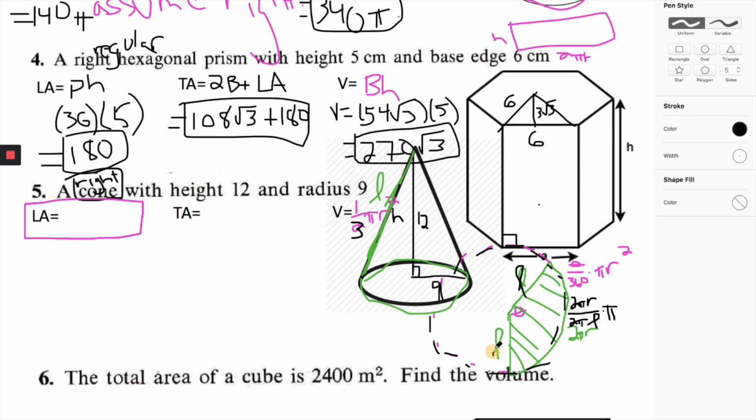That's right, the radius is L. So we're going to multiply this by pi L squared. And remember, this is how we prove this. We have 2 pi over 2 pi, those cancel out. Now we have r over L, and L squared over L would cancel out one of the L's, and we'd be left with r pi L, or the way this is typically shown in formulas, pi r L. And that's how this one gets proven.